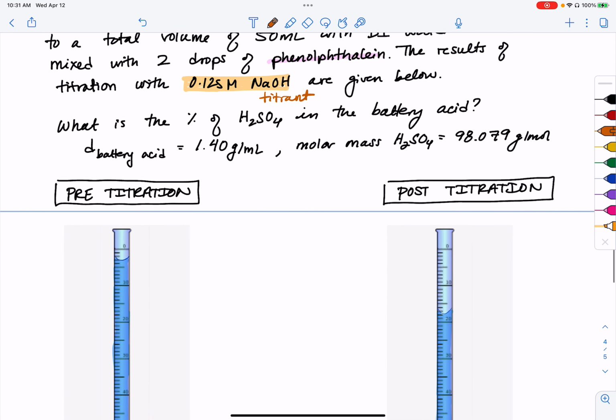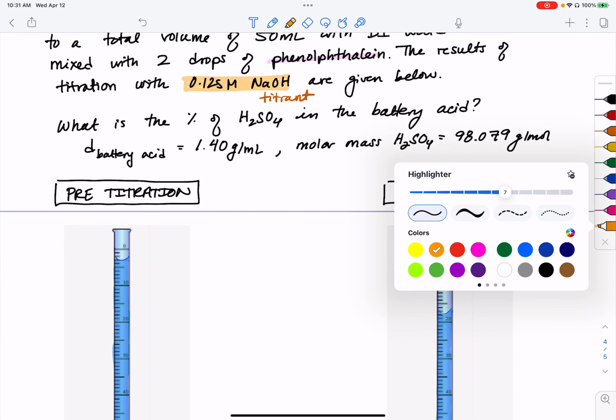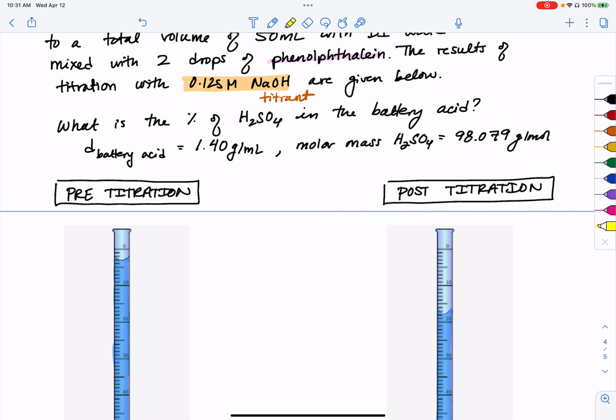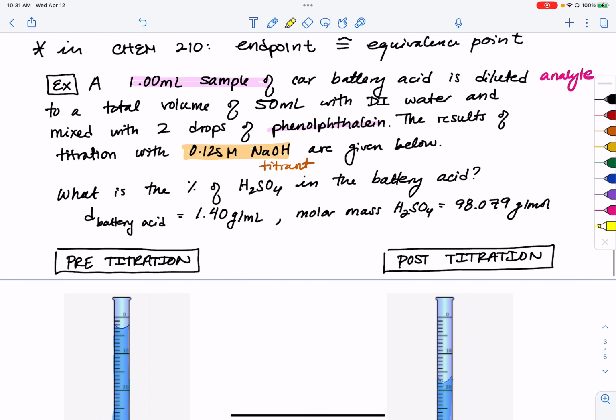And I am ultimately tasked with finding some information about my analyte, which is specifically what is the composition by mass of the car battery acid with respect to sulfuric acid, meaning car battery acid contains some concentration of sulfuric acid, but the question here is how much?